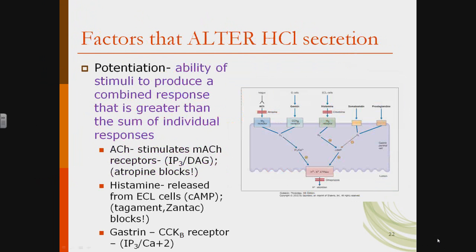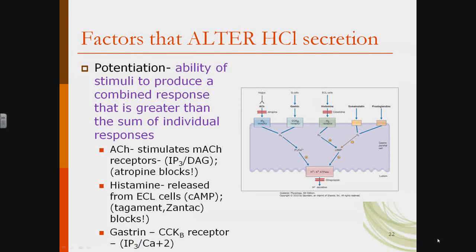Now, there are factors that can alter how much hydrochloric acid secretion occurs. There's this idea of potentiation, the ability of stimuli to produce a combined response that is greater than the sum of individual responses. Another way of saying that is 1 plus 1 plus 1 does not equal 3.